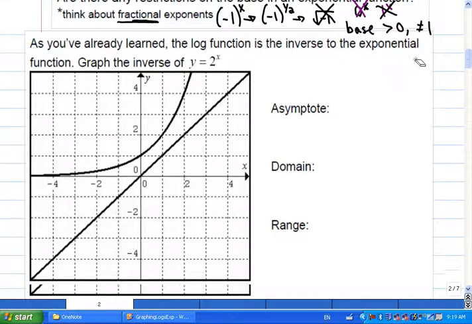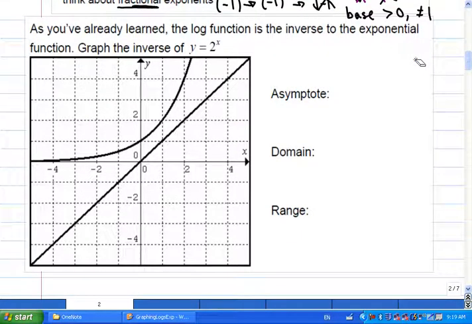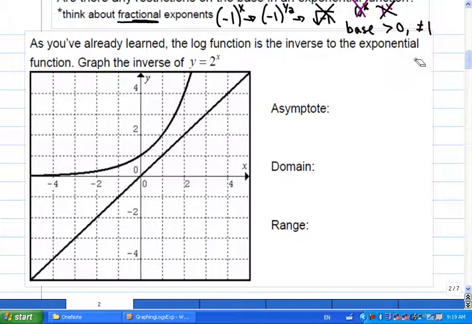So let's take a look at what this graph actually looks like for a logarithm. To do the inverse, we'll start again with what you already know, which is transformations. So we could take some points, like for example, this would be a good point. Some nice easy ones to calculate.